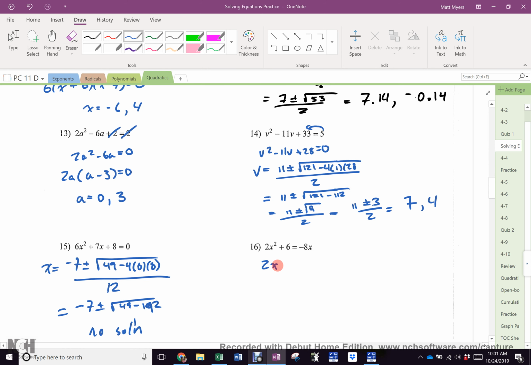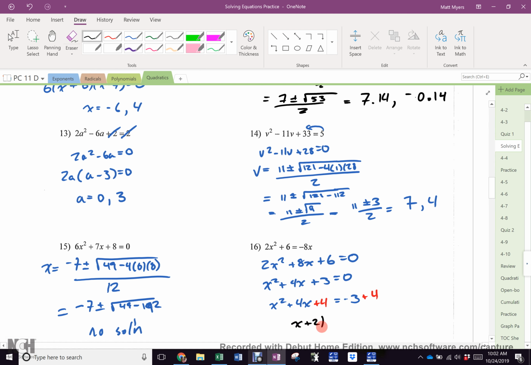That is 2x squared plus 8x plus 6 equals 0. Take out the 2: x squared plus 4x plus 3 equals 0. Just for fun, even though that factors, I'm going to complete the square. X squared plus 4x equals negative 3, plus 4, plus 4.